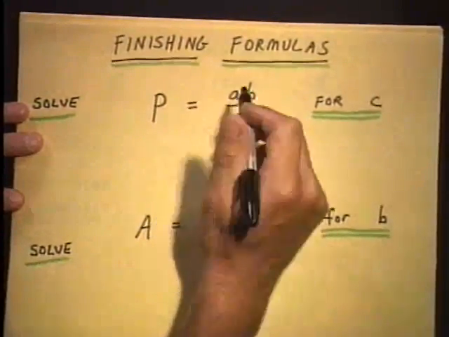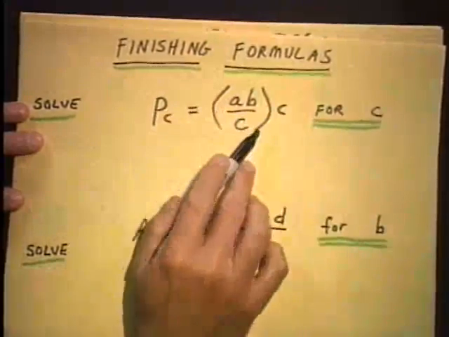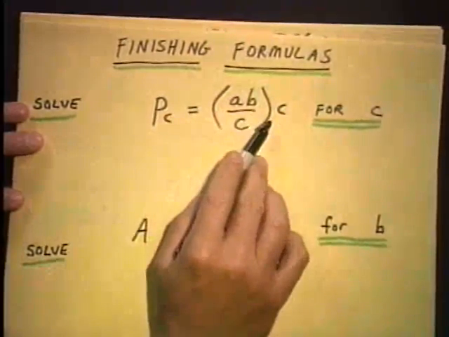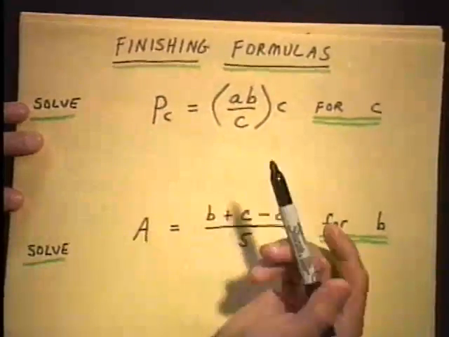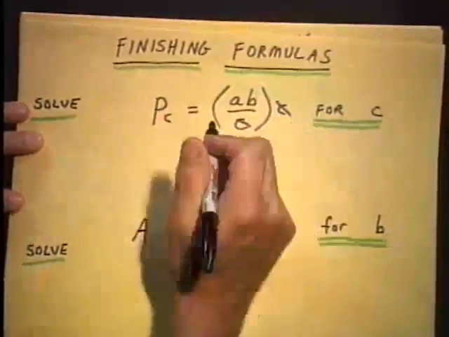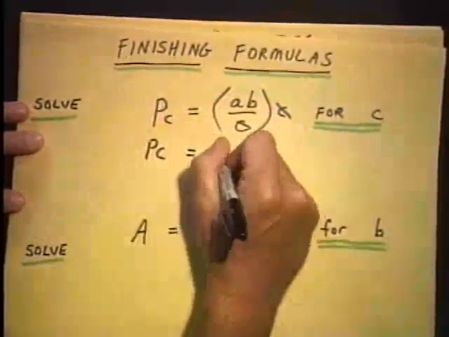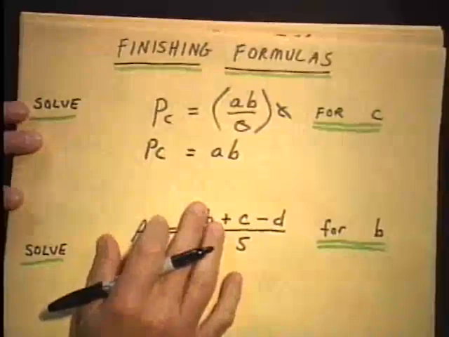To undo division, we have learned to multiply both sides of the equation. So if we multiply both sides by C, the C's will chop out over here or cross cancel, leaving us with PC, or P times C, equals A times B.